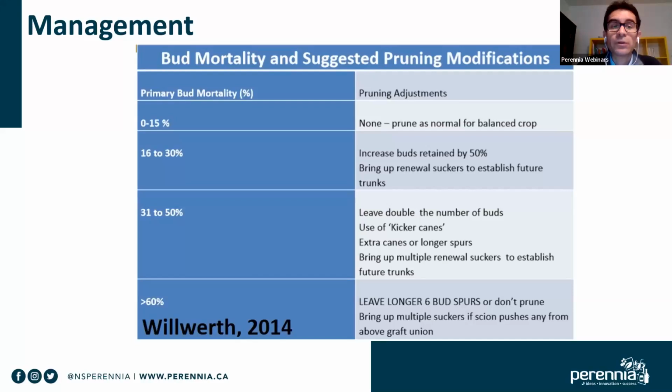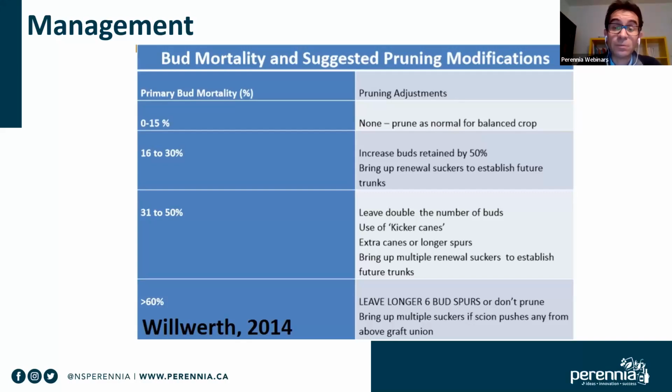If it is between 31 to 50%, you can leave double the number of buds and use kicker canes, extra canes or longer spurs, and bring up multiple renewals or suckers to establish future trunks. Remember that you can leave as much as you want, and afterwards you can be fixing or managing throughout the season. It's better to have slightly more options than too few.